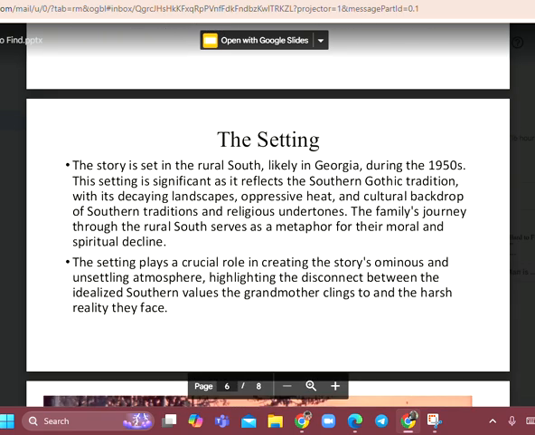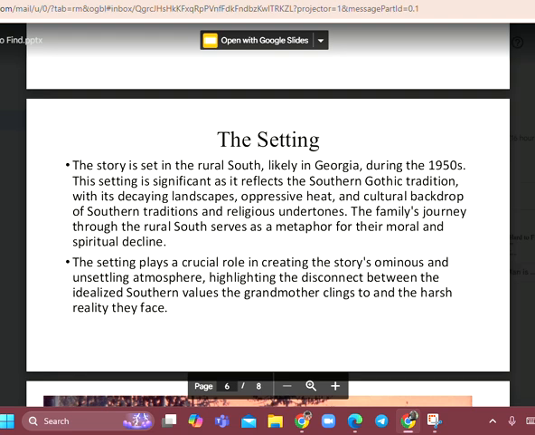The story is set in the rural South, likely in Georgia, during the 1950s. This setting is significant as it reflects the Southern Gothic tradition, with its decaying landscapes, oppressive heat, and cultural backdrop of Southern traditions and religious undertones.